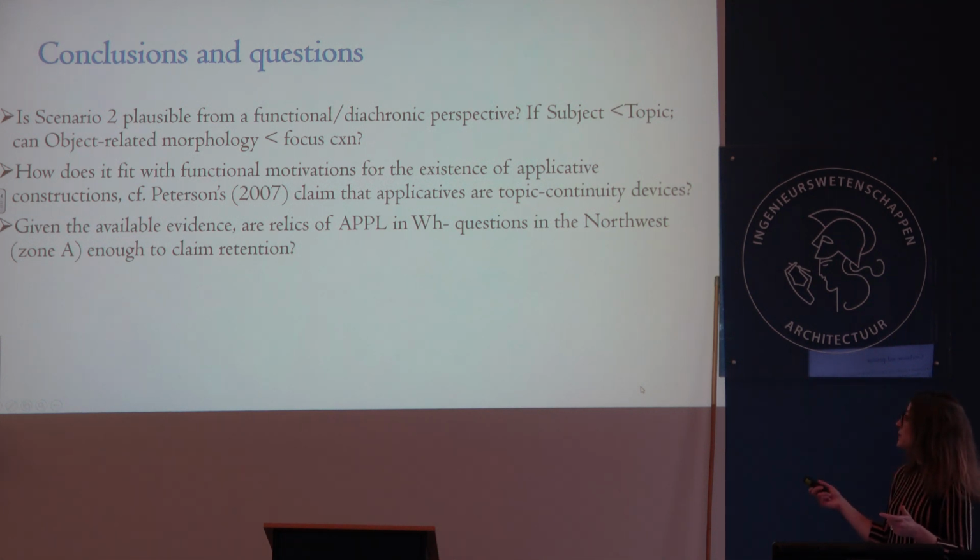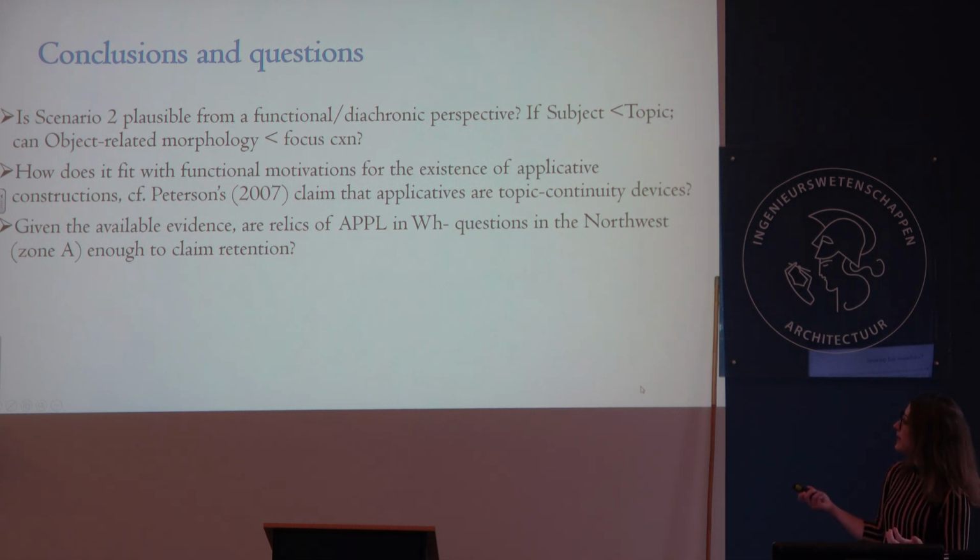For example, Peterson says that applicatives develop to be topic continuation devices. This is a terrible counter-argument to what I've been saying, but he also says, well, we have this focus function. I'm not talking about it because we don't know how it works, but maybe there are more functional motivations for the rise of applicative morphology than the ones we are aware of at the present stage.